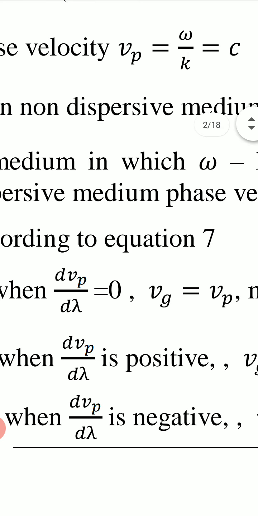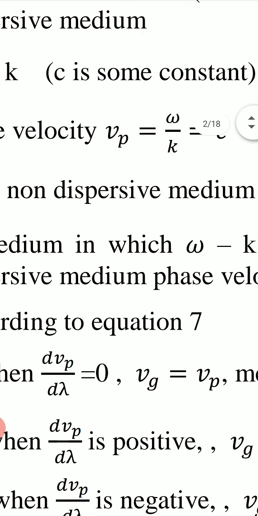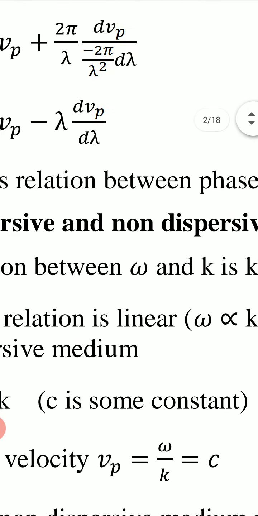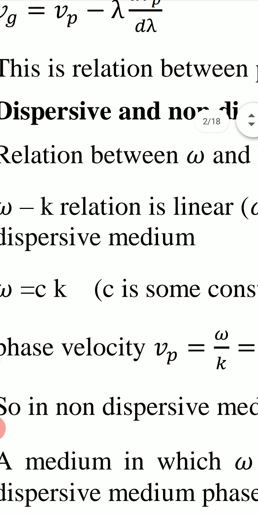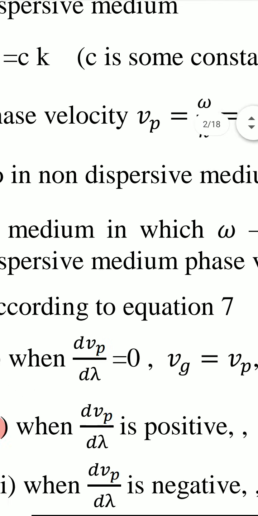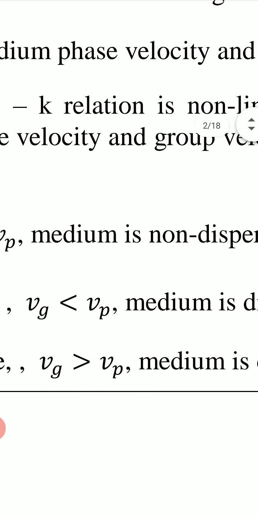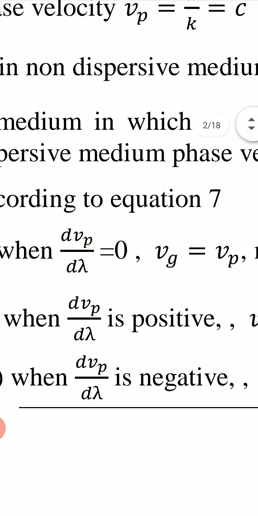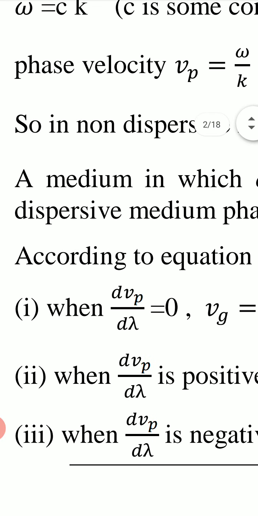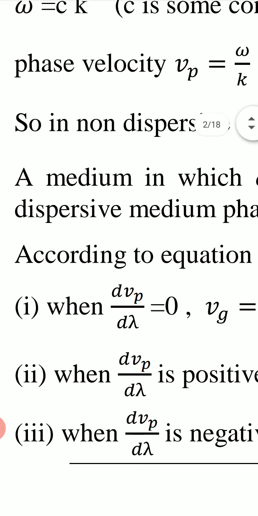According to equation 8, if dVp upon d lambda is 0, then we have Vg equal to Vp, and the medium is non-dispersive. And when dVp upon d lambda is not equal to 0, two cases may arise.